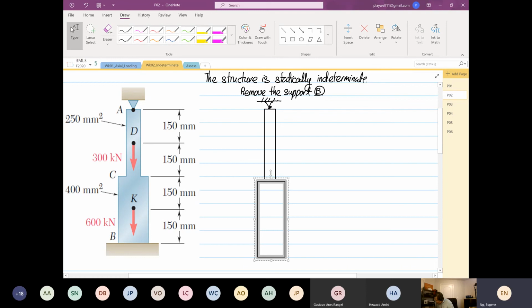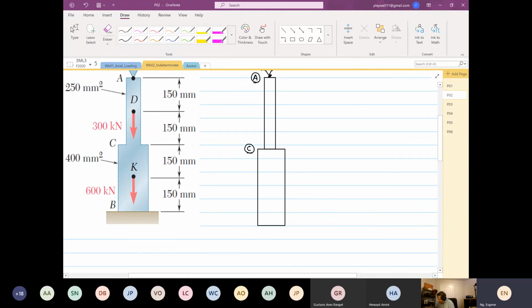We remove the support at point B. So this is your point A, this is your point C, and this is now our point B. And you can see our point B did shift, yes or no?